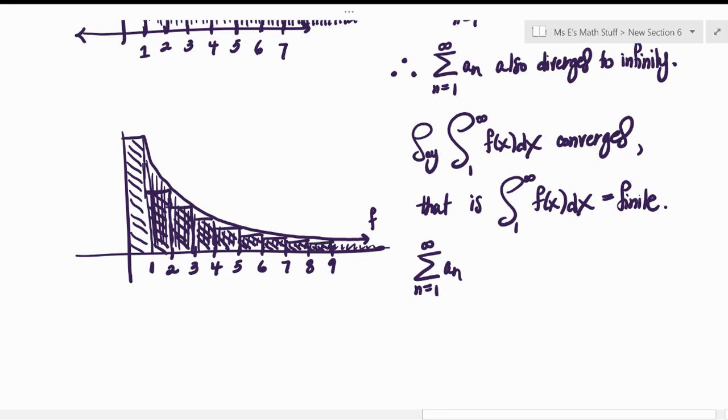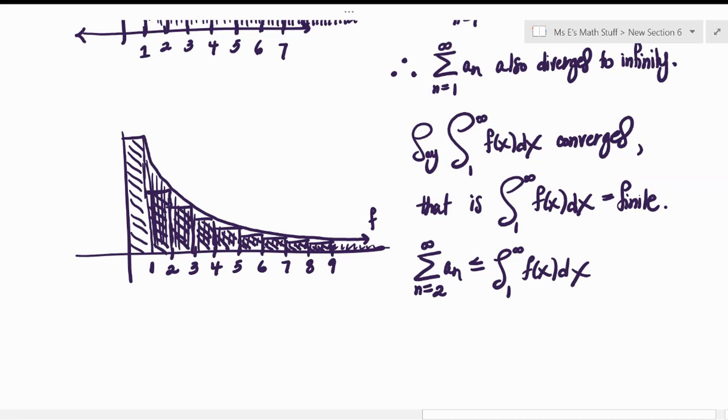Okay, so what do we notice? The sum as n goes from, maybe I should change that to say 2, the sum as n goes from 2 to infinity of a sub n would definitely be less than or equal to the integral from 1 to infinity of f of x dx.